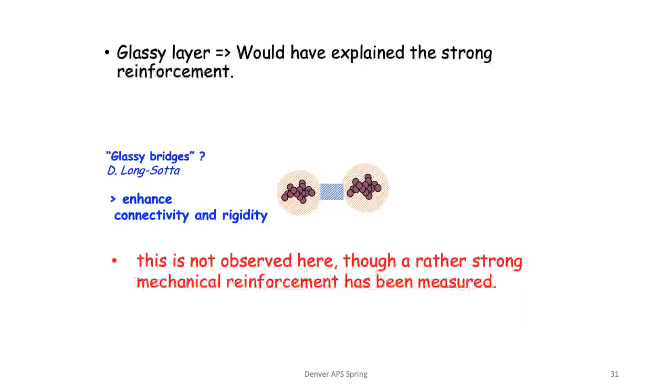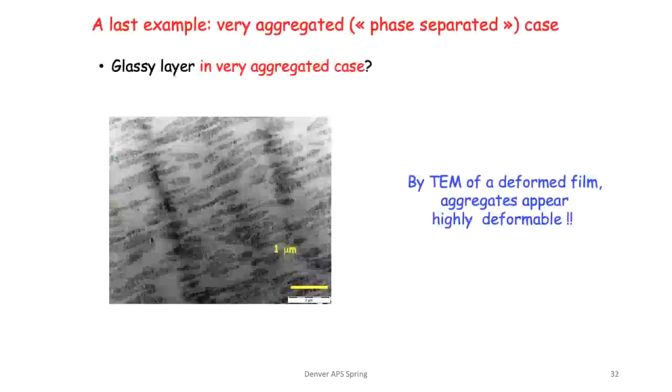Meanwhile, actually, we have some reinforcement. The last thing I wanted to show you is a very simple example which doesn't involve scattering. It's just directly observed by electron microscopy. This is the case where the nanocomposites are made of very strongly phase-separated aggregates of nanoparticles.